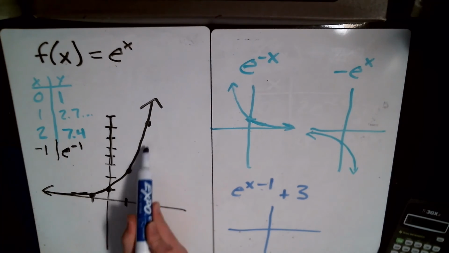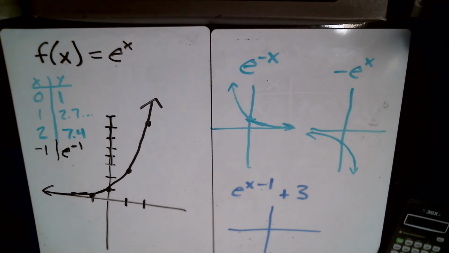So I'm just going to take this regular e to the x graph here. We're going to move it right 1 and up 3. So normally with my e to the x graph, I go through 0, 1, right? But now I'm going to go right 1 and then up 3. So 1, 2, 3, beyond that, up to 4. So that's where that new point is going to be. Okay. So normally it goes through 0, 1. So just move that over 1 and then up 1, 2, 3. Okay.